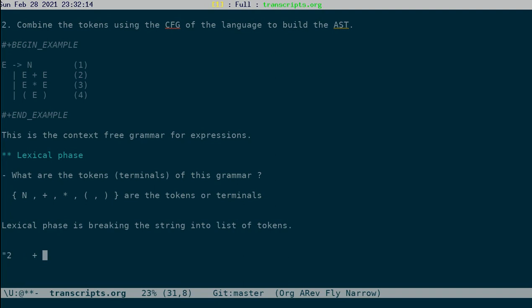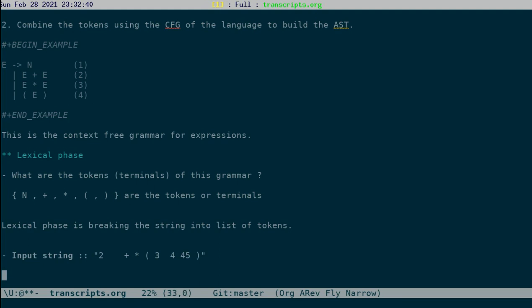Then you have plus, then a star, then a bracket, then 3, then 4, then 45, and bracket close. This is your input string.